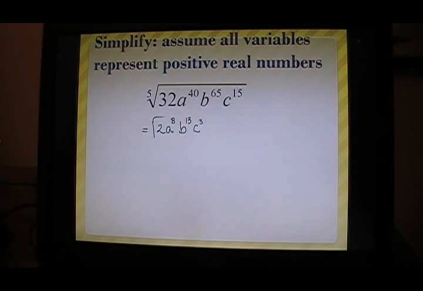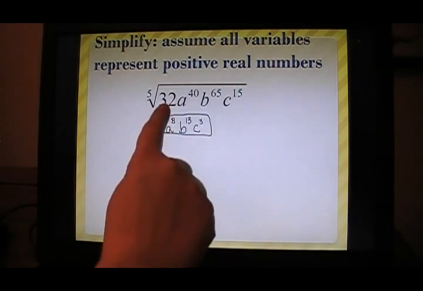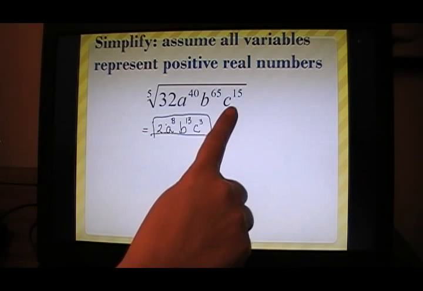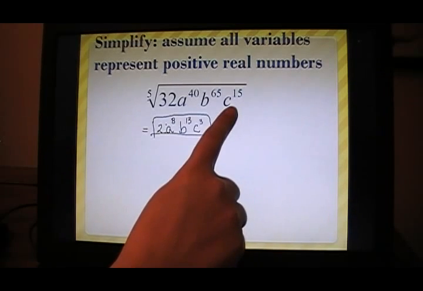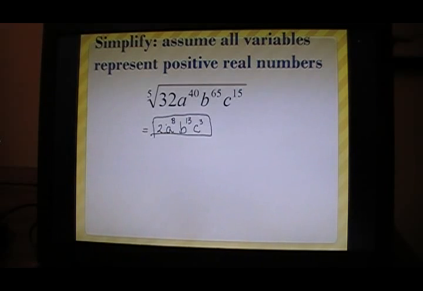And you can always verify: if you multiply this 5 times, you will get 32, a to the 40th, b to the 65th, c to the 15th. So like I said, just because it looks complicated, it doesn't have to be.